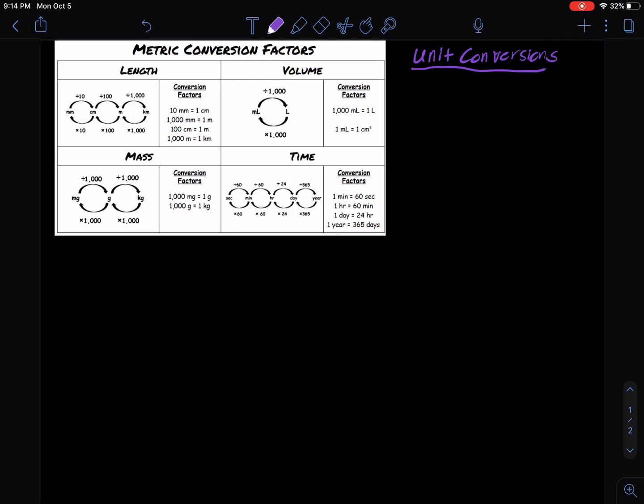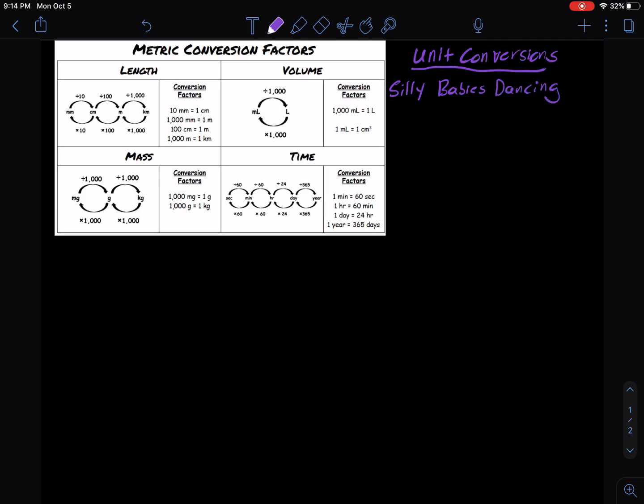With unit conversions, there are two general rules. The first rule is called silly babies dancing.